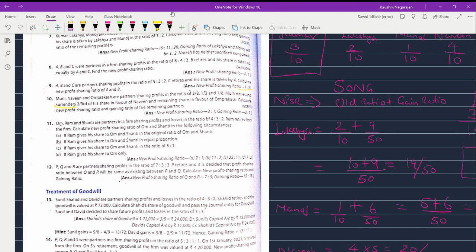So the share of Murali is going to be taken up by two partners. Okay, just a minute.